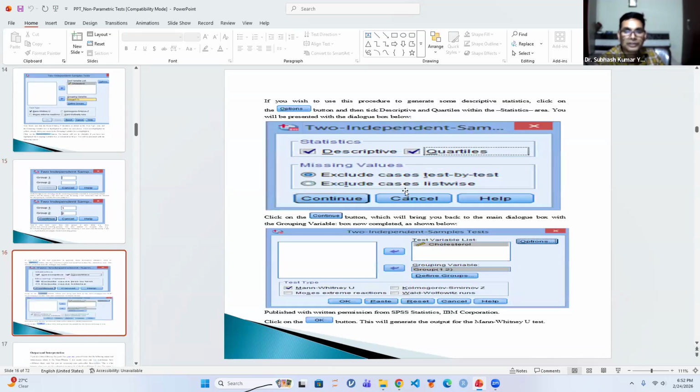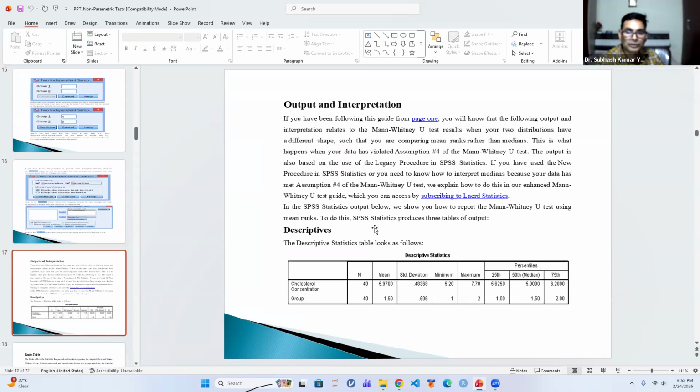And go to options button. There you will see that descriptive statistics and quartiles are there, so you can put a tick there, and just go for the option. Then you will see the output, the descriptive statistics. So there are two groups, 40 are there, 20 are there, say.